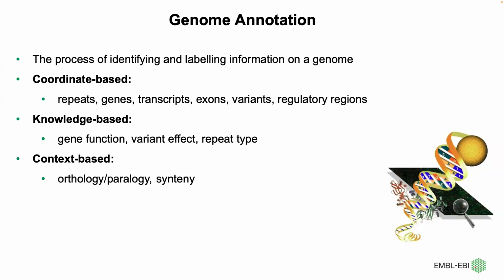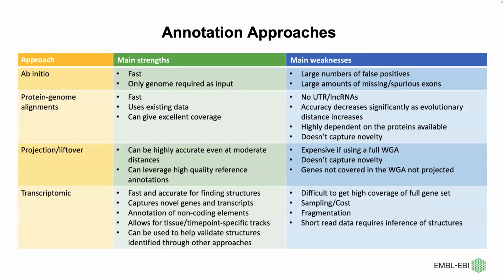There are many different approaches for annotation. I have listed them here. The first one is the ab initio approach, which predicts the protein coding potential based on the target genome only. And it utilizes statistical models such as hidden Markov models.